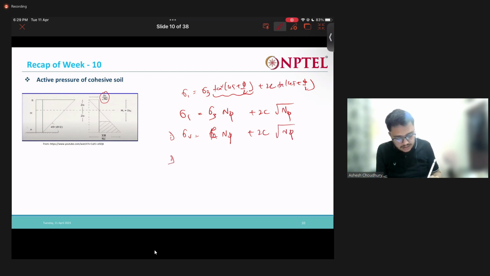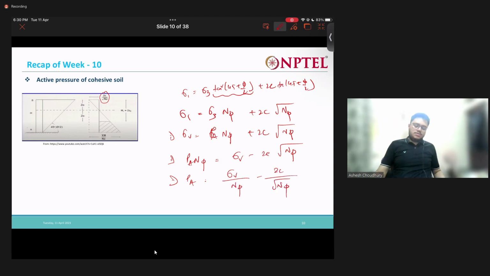So I can write Pa is equal to sigma v by N phi minus 2C by root over N phi. You can write this down. And what is sigma v? Sigma v is nothing but gamma into height, gamma into z. You can write any height.